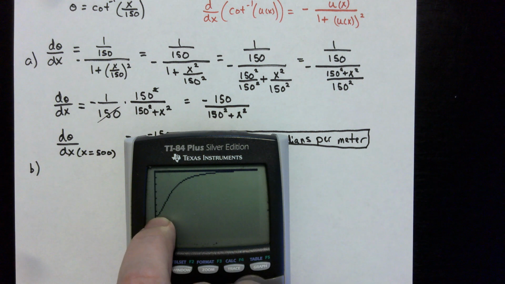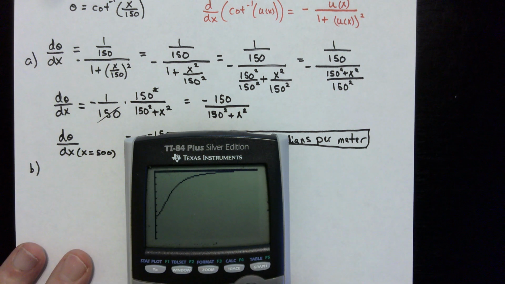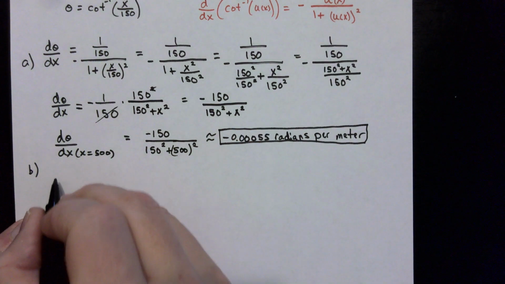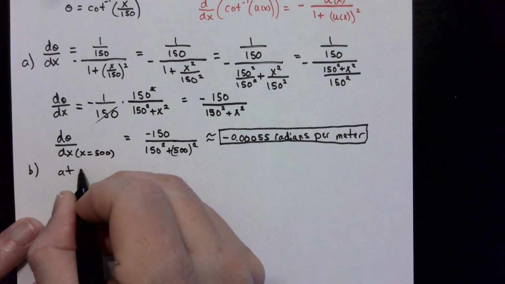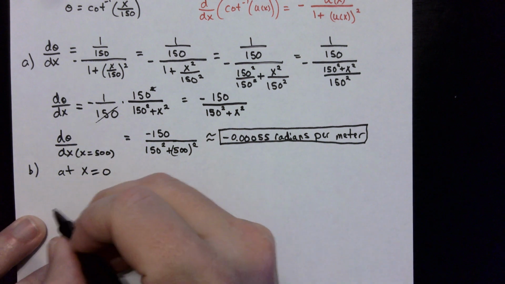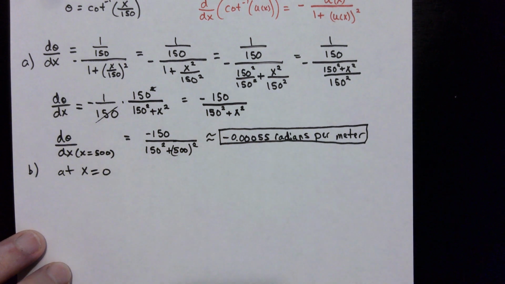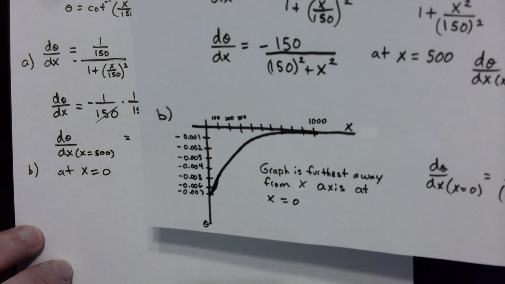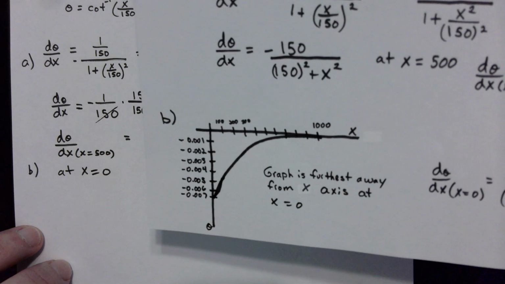So at x equals 0 is when the angular size changes most rapidly. You can graph that thing by hand. I did that. I'll show you where I did it in a different place really quick here. There's the graph. So that was by hand.